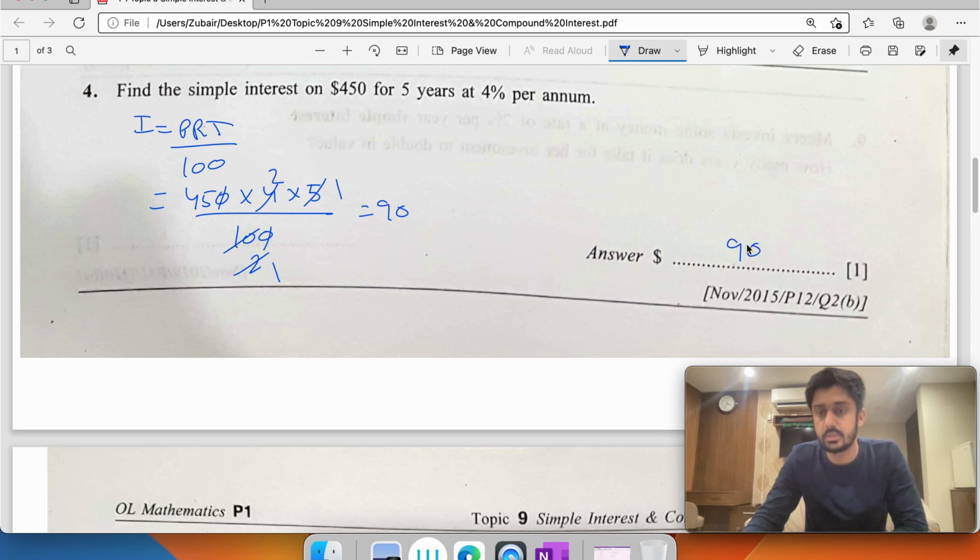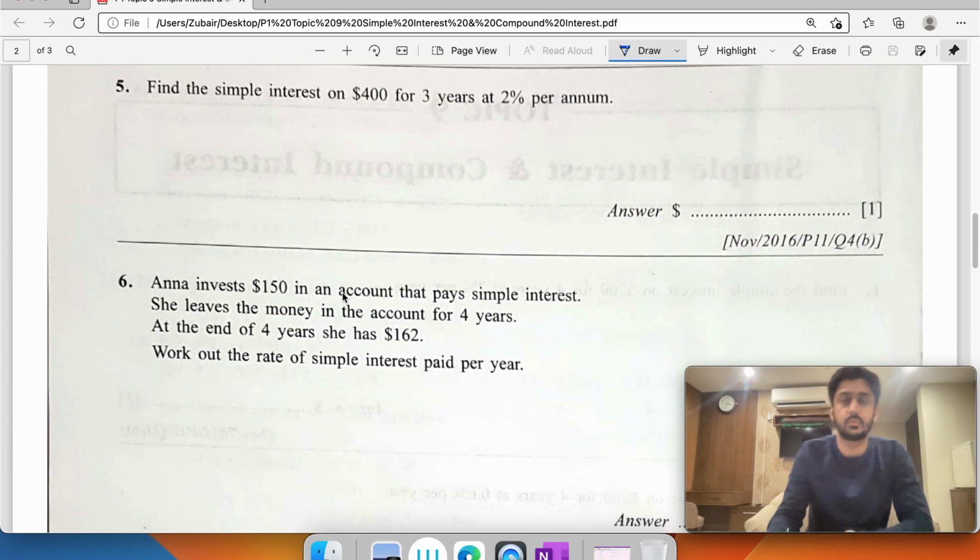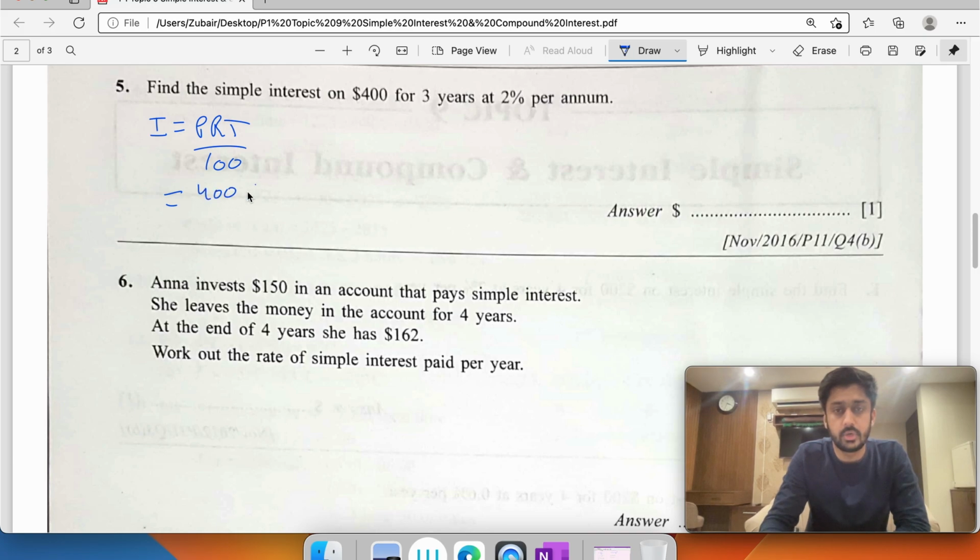Amount of interest is $90. Find the simple interest on 400 for 3 years at 2% per annum. Interest is equal to PRT over 100. 400, rate is 2, years are 3, 100. 4 2 times 8, 8 3 times is 24.